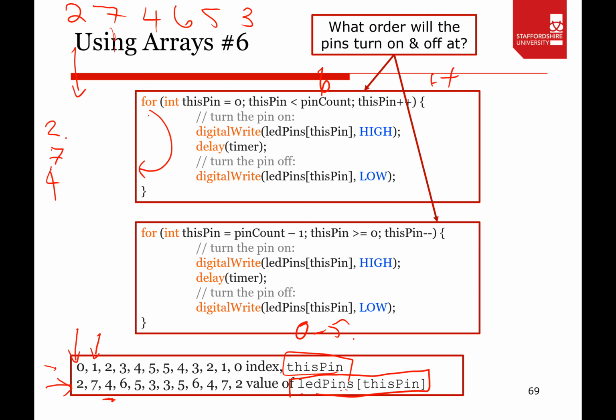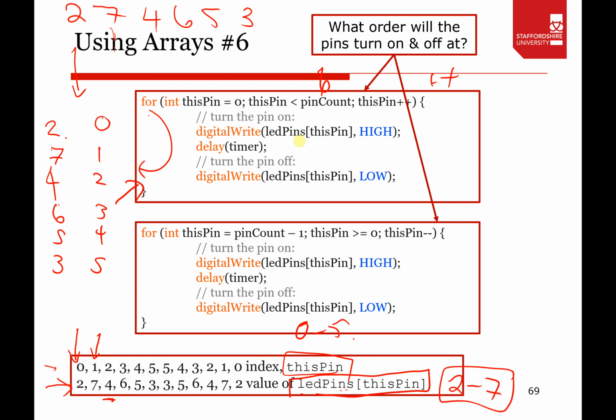And the bottom row varies between 2 and 7 in the order that we have defined in the declaration part of the program. Then after it's gone all the way to 6, 5, 3, so that's the first iteration, 0, 1, 2, 3, 4, 5. Then that's this block.